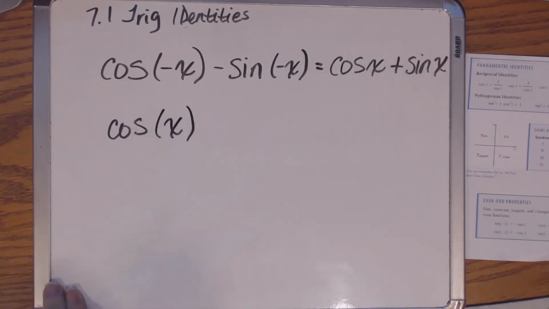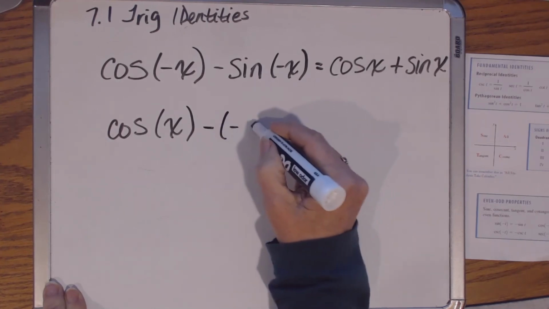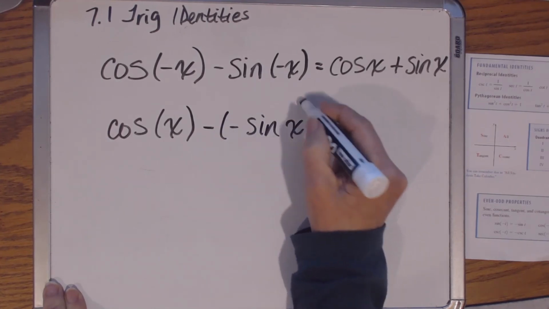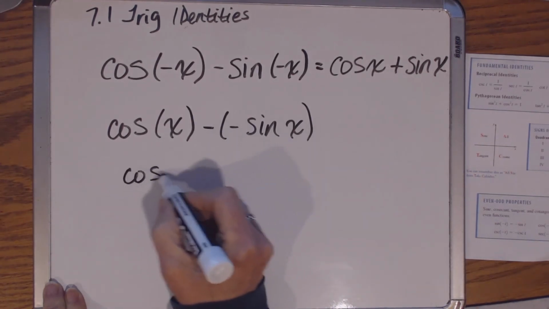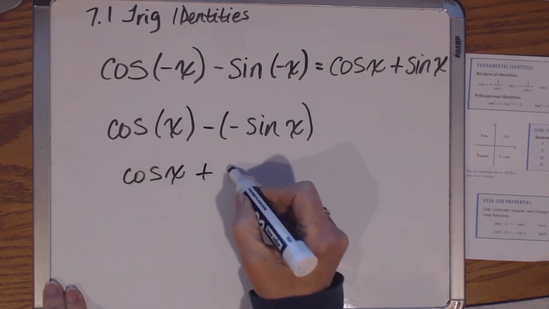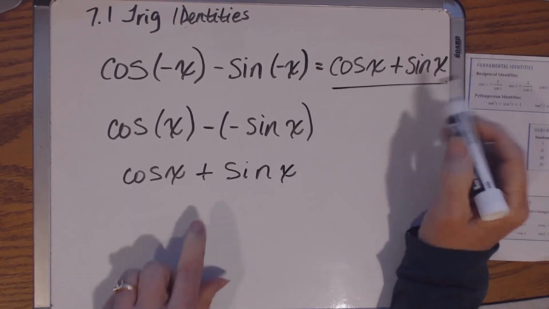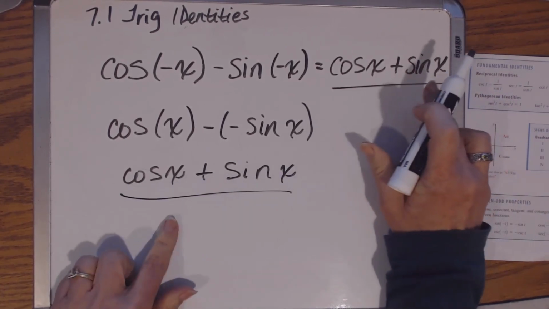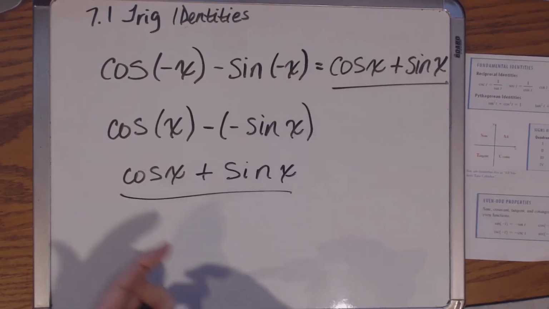So that's going to equal the cosine of x. The minus the sine of negative x is going to equal the negative sine of x. Okay, and so if I subtract a negative, I'm going to get the cosine of x plus the sine of x. And of course, that's what I had over here. When I get the left-hand side to equal the right-hand side, I have verified this identity. And yes, a number of times when you notice that negative x in there, use the even and odd properties. Very, very simple to solve these.